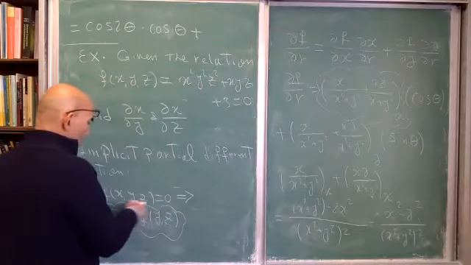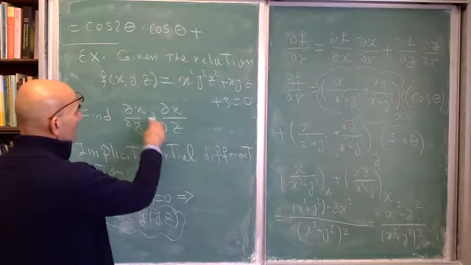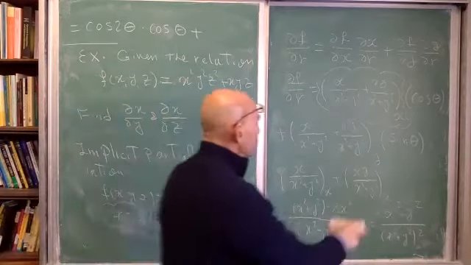So in this case, we are assuming that x is a function of y and z, and we want to compute. Let me give you the rule now.